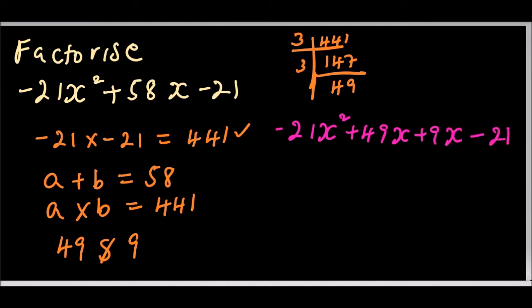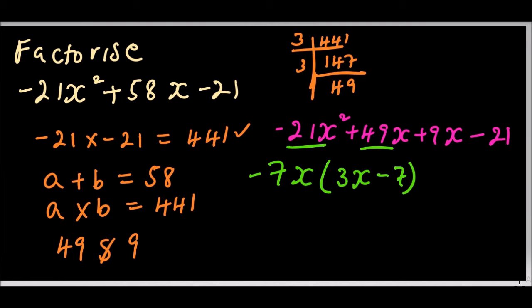We factor out what is common. 7 is common, and x is common, so we can factor out minus 7x, so that we are left with 3x, and here it will be minus 7, because minus 7 multiplied by minus 7 is 49.